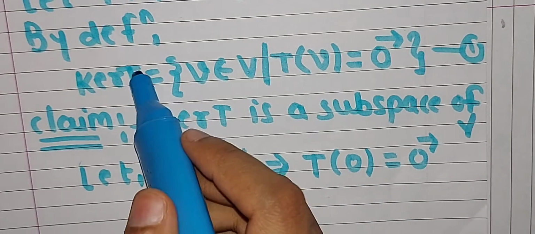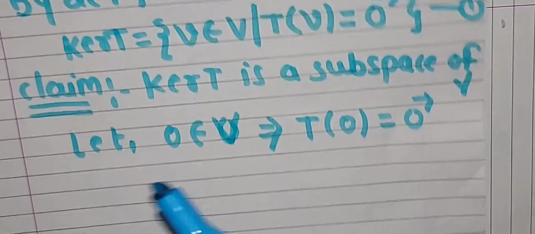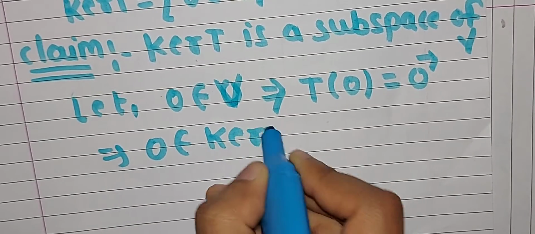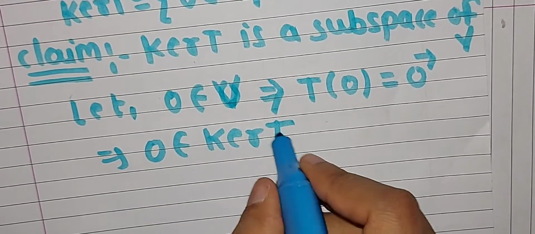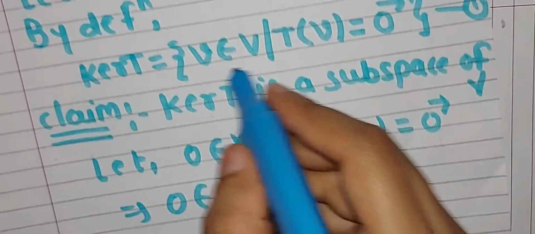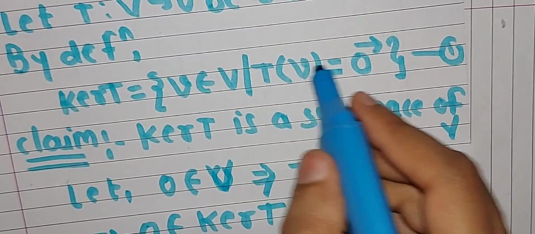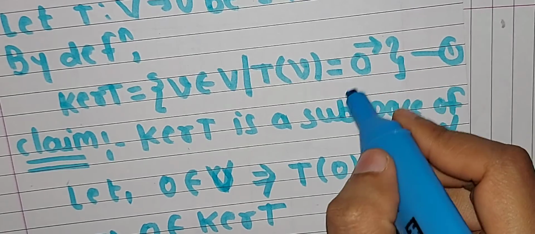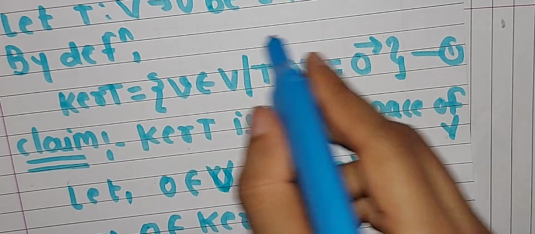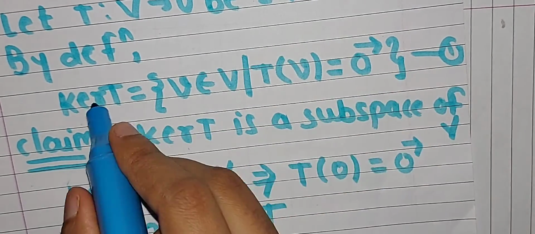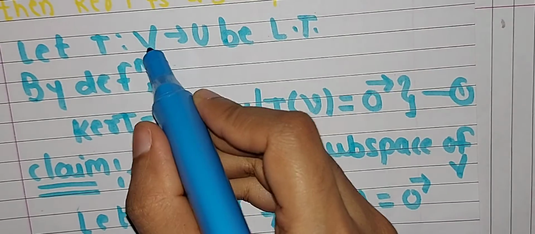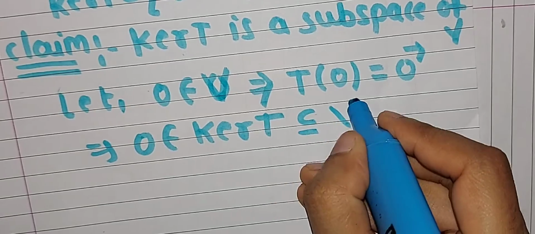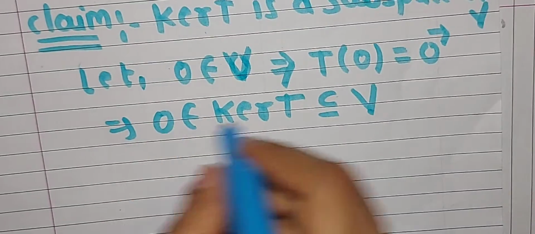Therefore 0 must belong to the kernel of T. The kernel of T is a collection of those elements from the domain which give us the answer at only one point in the codomain, that is 0 bar. That is, the kernel of T only depends on our domain, and here the domain is V. Therefore kernel T is always a subset of V. So this is my first condition.